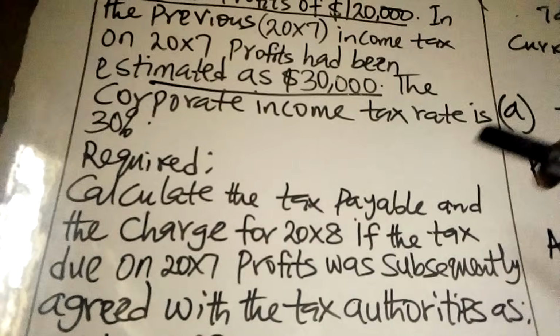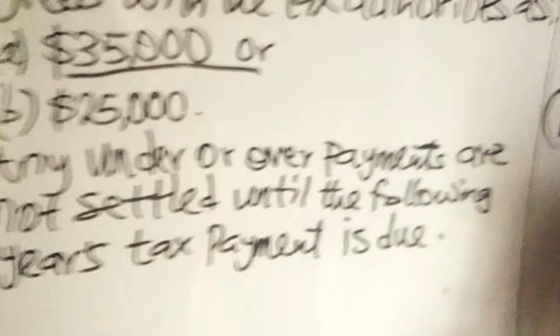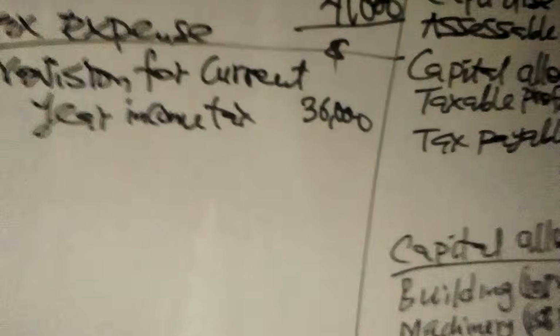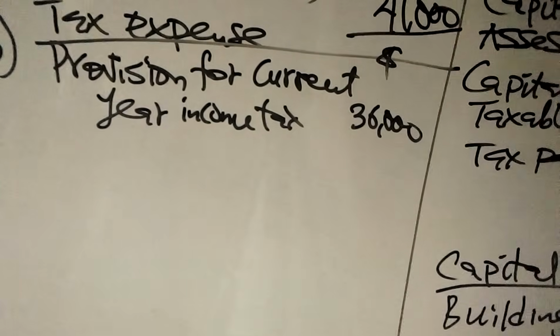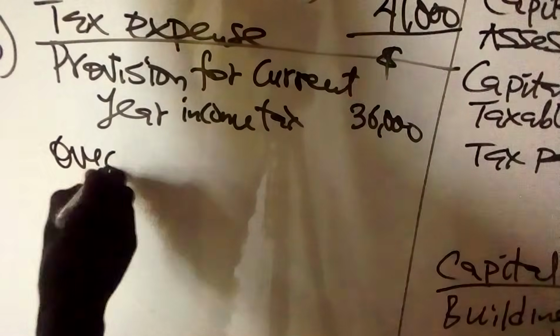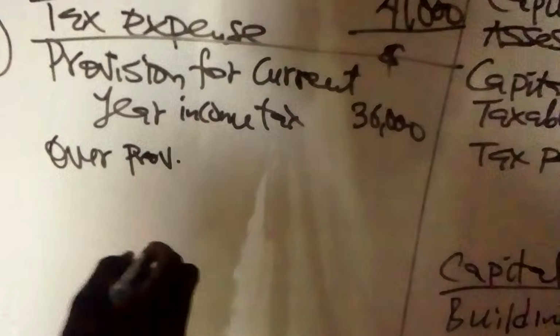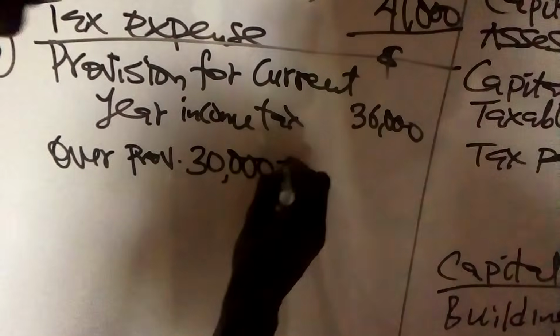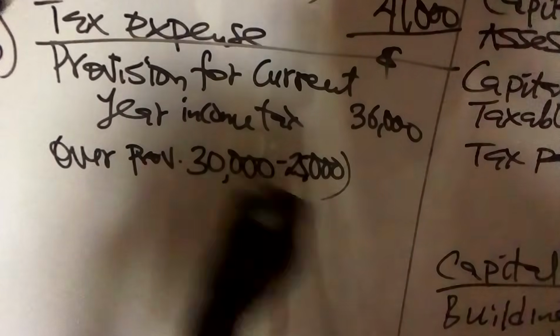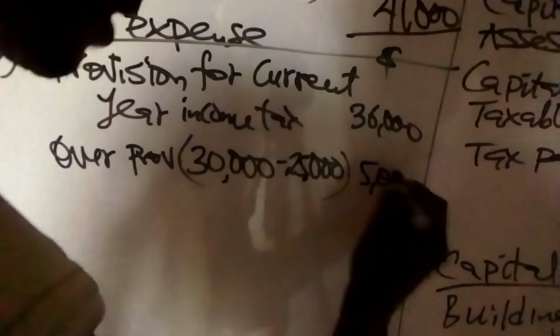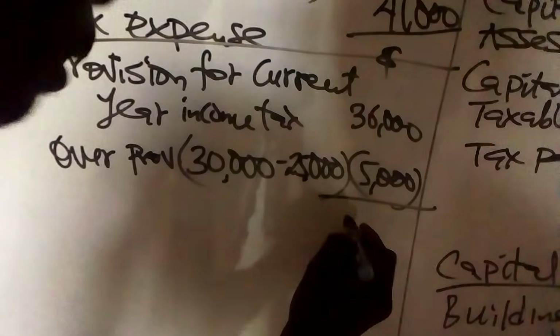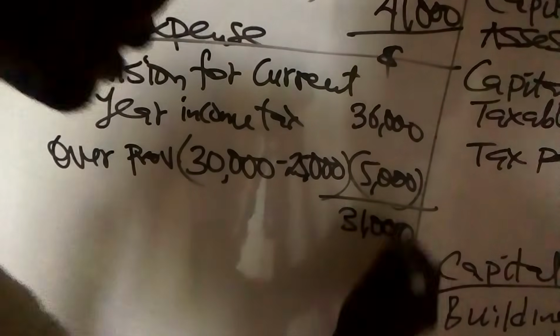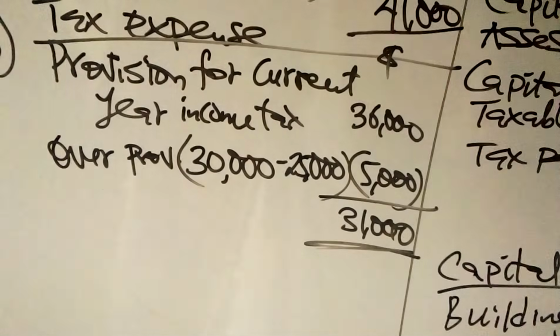The provision of 30,000 exceeds the 25,000 agreed with the tax authority. That shows there is over provision. So you less over provision for prior year income tax, which is 30,000 minus 25,000, over provision of 5,000. Then the amount of tax expense will be 31,000. So this is part 1. Part 2 shall cover the deferred tax computation.